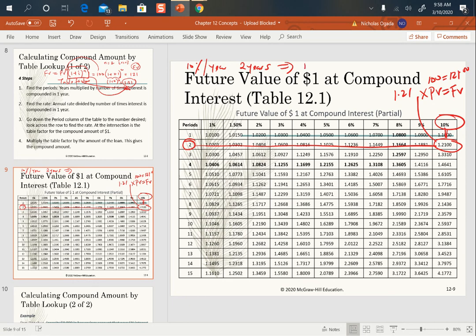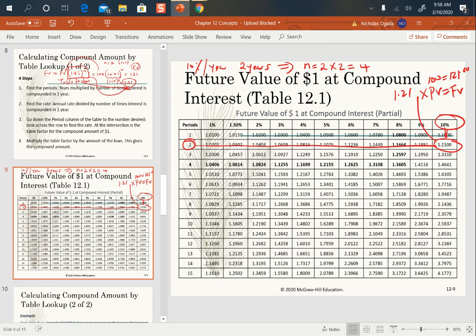So our N is going to be, because it's on a semi-annual basis, every 6 months you earn interest. So we have 2 periods per year, and we're talking about 2 years. So your N ends up being 4 periods. And your rate per period is no longer 10%, because it's on a semi-annual basis.